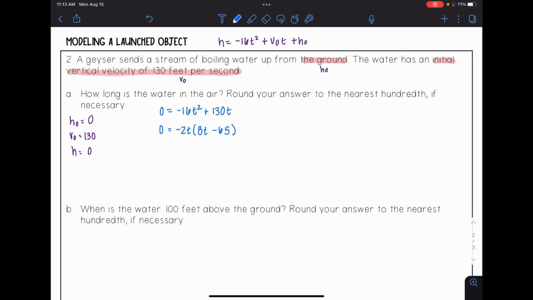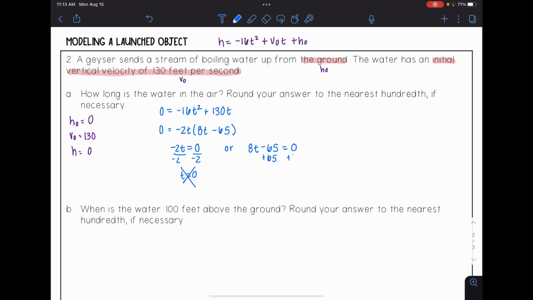And so now I can use my zero product property, and that is that negative 2t equals 0, or 8t minus 65 is equal to 0. Well, when I solve this first one, I just get that t is equal to 0. And we know that's not going to be the answer because the water was definitely in the air for longer than 0 seconds, so that's not my answer.